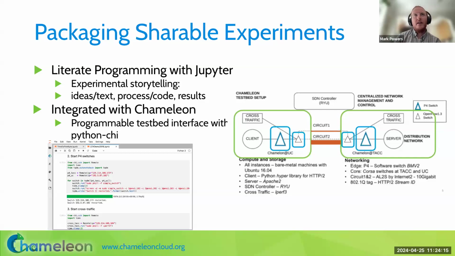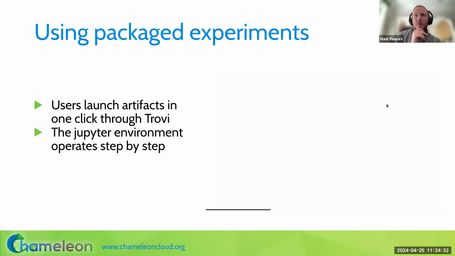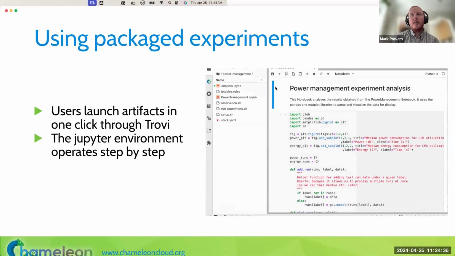And again, I just mentioned it's integrated with Chameleon. So because you were on a Chameleon project, you'll be able to launch this Jupyter environment and provision resources in it. I showed this earlier, maybe I can show it off again.